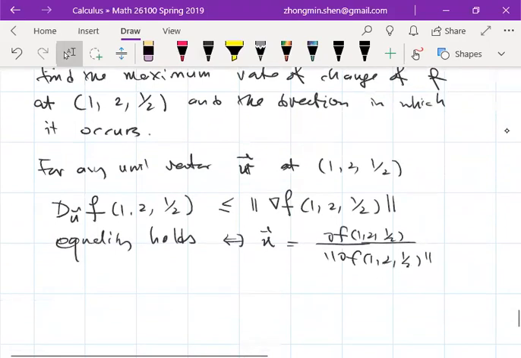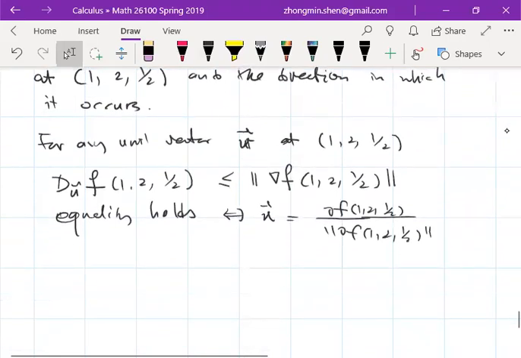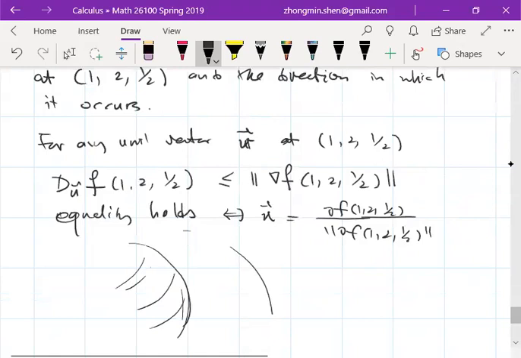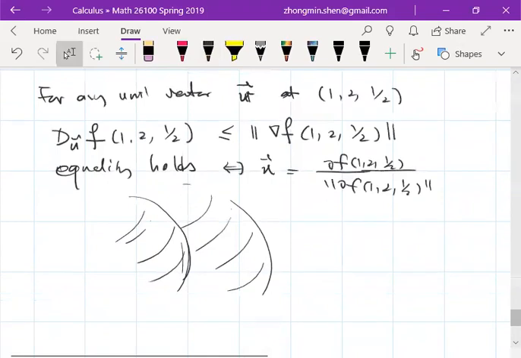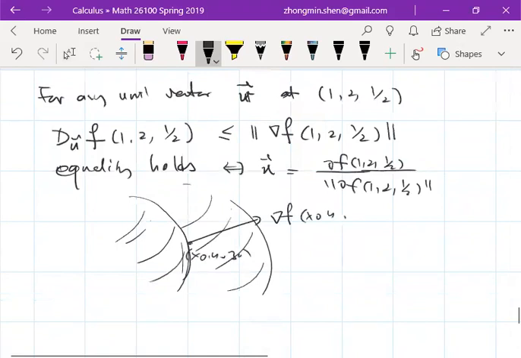Now, the geometric meaning is that of level surfaces. The function has a constant value along the level surfaces, so you have layer by layer. This is a level surface, and the gradient is a vector perpendicular to that surface.